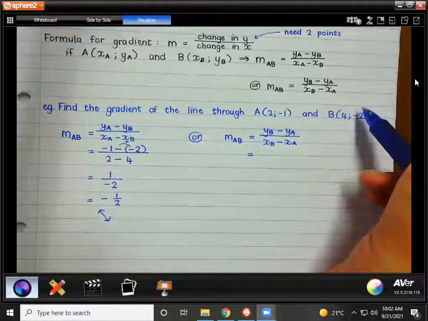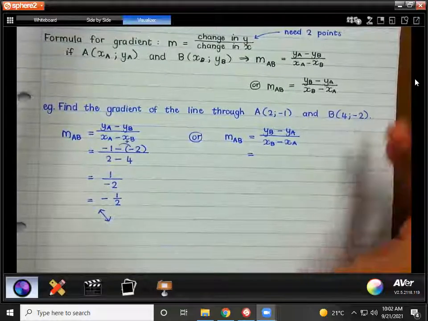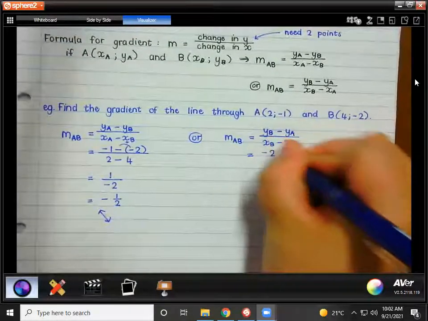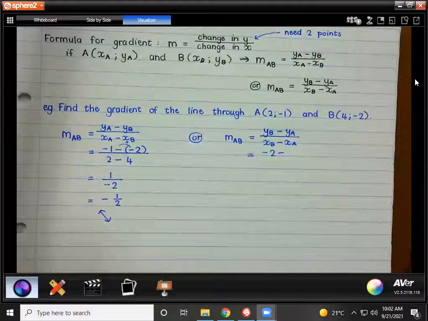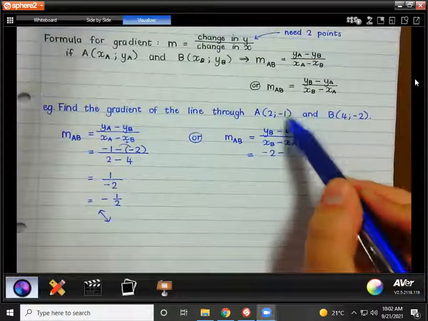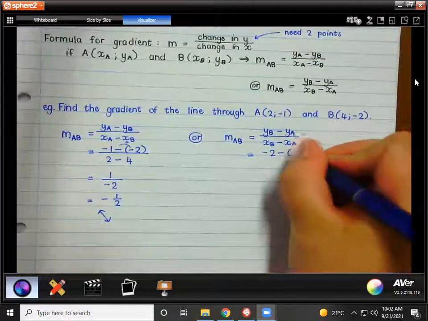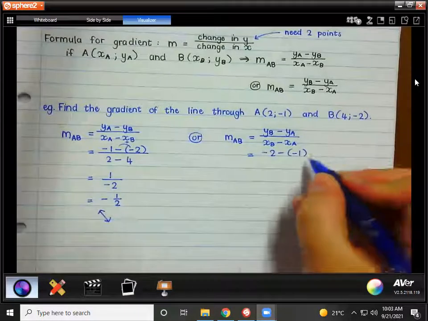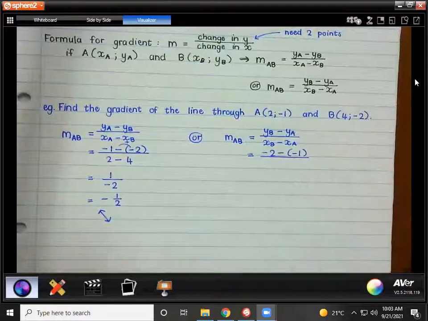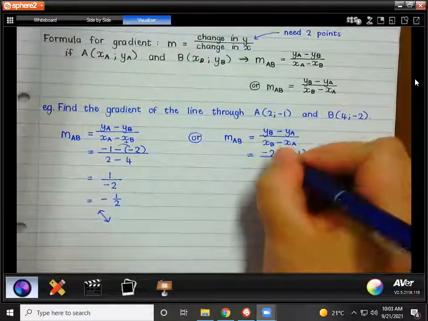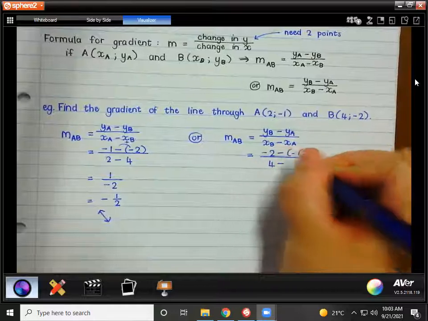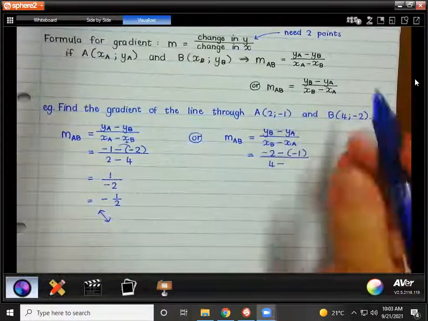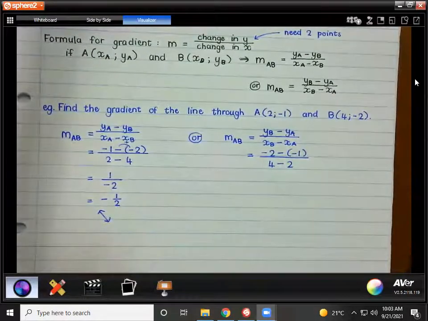Remember, it's xy, so the y value of B is -2. Now we have to subtract the y value of A, which is -1. So again, because we are now subtracting a negative number, let's put that negative number in brackets. Over the x value of B is 4 minus the x value of A is 2.